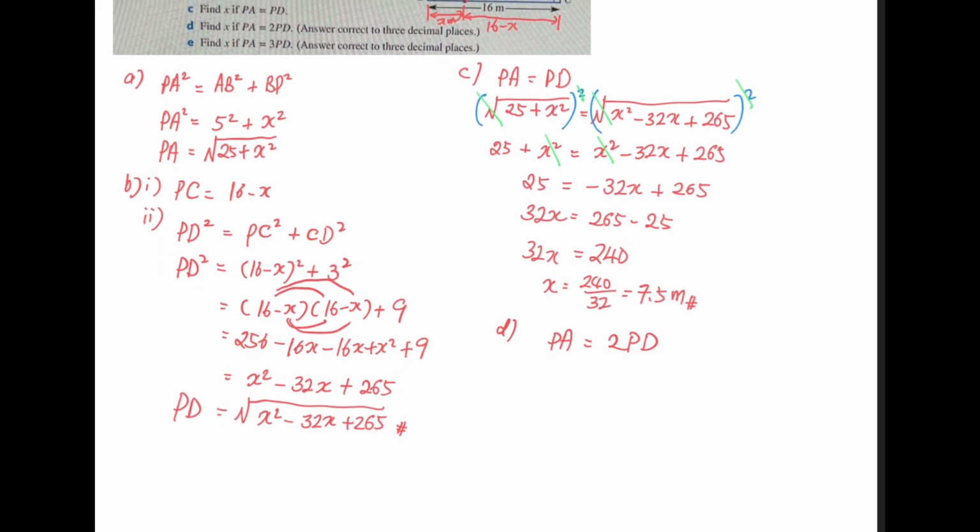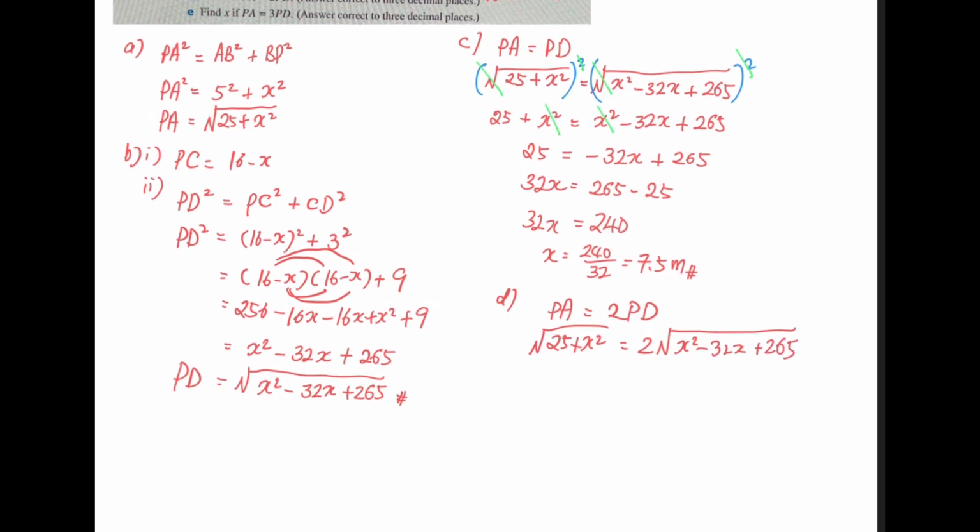So again, for PA, we can refer to this one, which is square root of 25 plus x squared. Then we have 2 followed by PD. So for PD, we refer to this square root of x squared minus 32x plus 265.